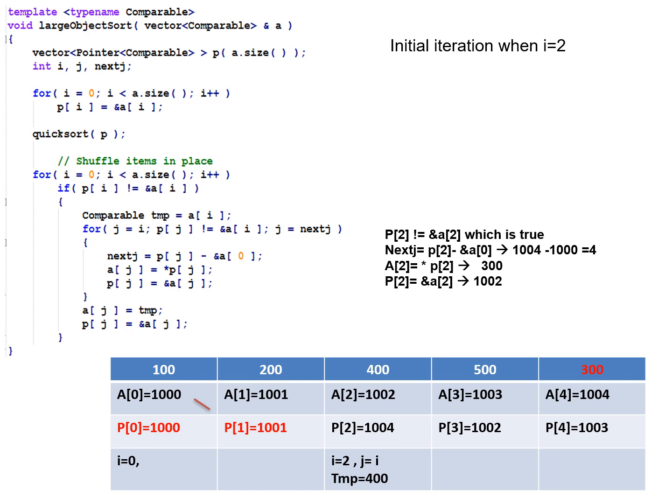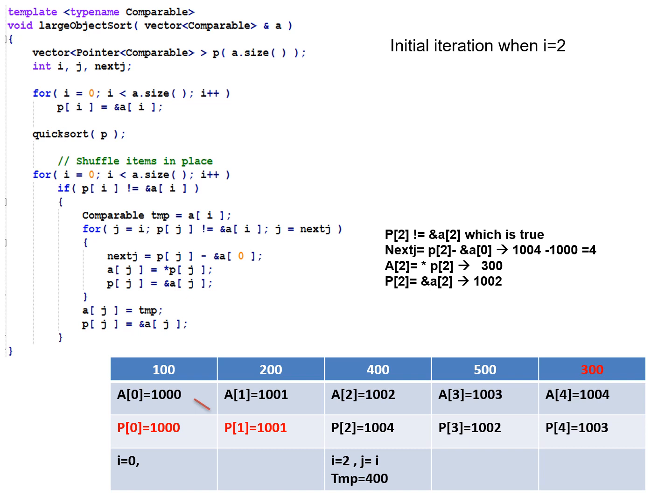So is p of 2 not equal to a of 2? Now we can see a of 2 is 1002, p of 2 is 1004. So they both are not the same address. That means the element that should have resided at a of 2 is not in a of 2. It is somewhere else, and that somewhere else is pointed by p of 2.